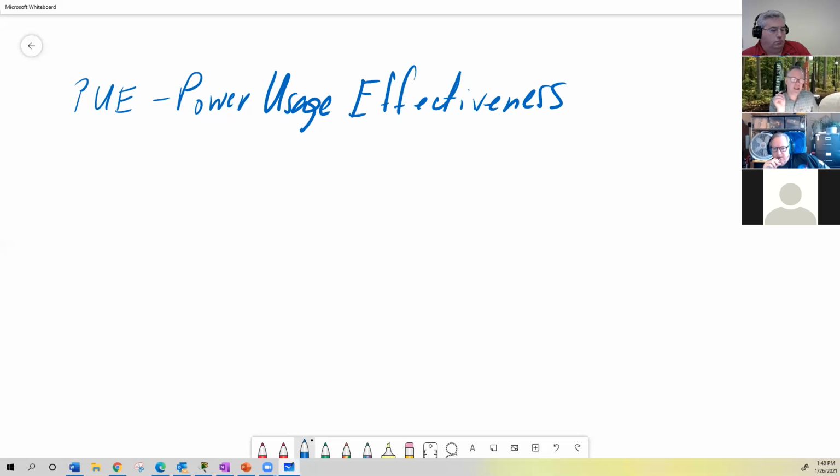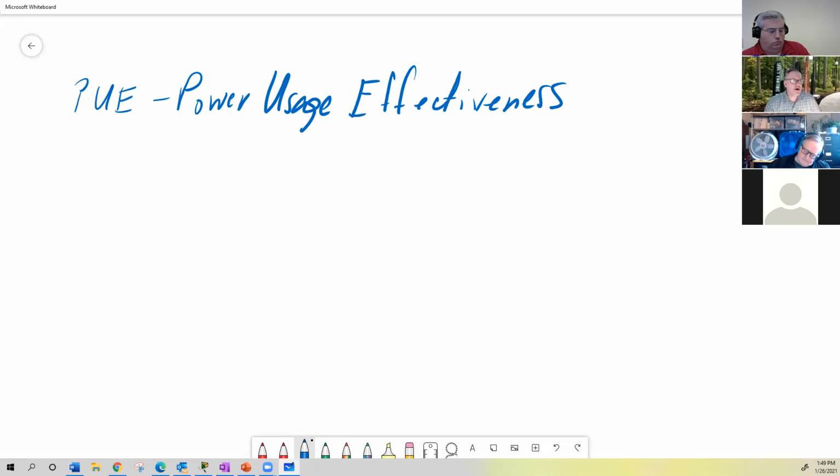This PUE is really a ratio. It's a ratio of the amount of power coming into the data center to the amount of power actually ultimately going to your IT equipment.